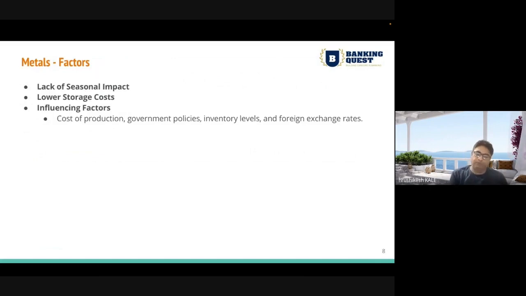Metals do not have seasonal impact, and they have lower storage cost as compared to agriculture commodities also. But the cost of production, government policies, inventory level, and foreign exchange rate impact them a lot.